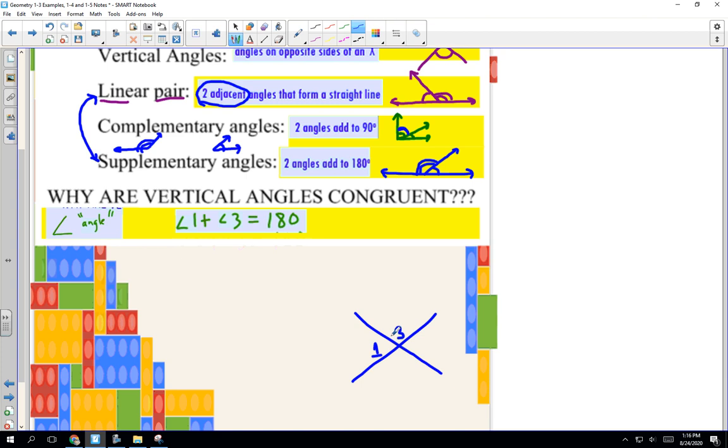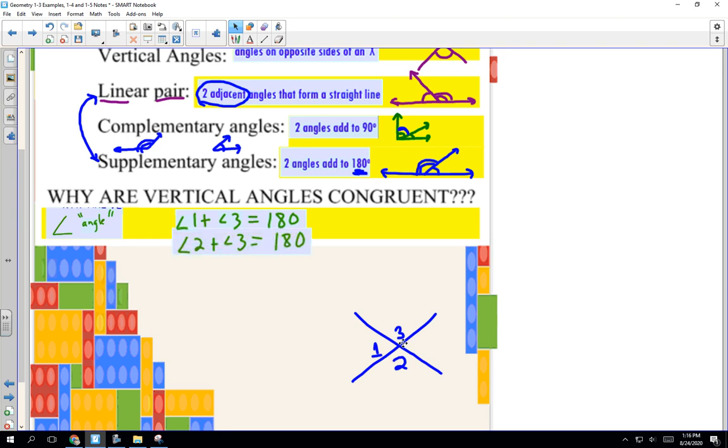If this is angle 1, this is going to be angle 3, and this is going to be angle 2. Angle 1 and angle 3 are a linear pair, and they're supplementary. They're going to add up to 180 degrees.